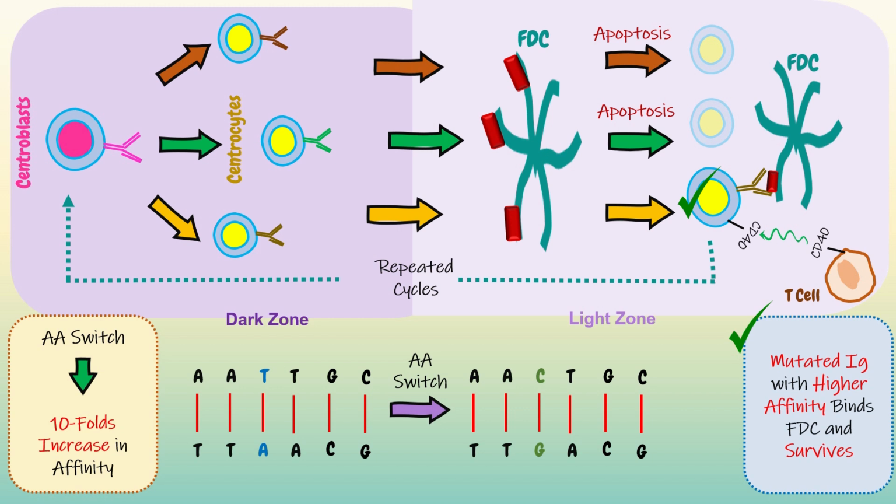This mechanism can help to select B cells that produce high-affinity antigen-adapted antibodies. The demand for these antibodies determines whether a B cell will be able to survive and produce antibodies of desired affinity and specificity. This was all about today's session on alternative splicing and selection of high-affinity antibodies by hypermutation in germinal center.